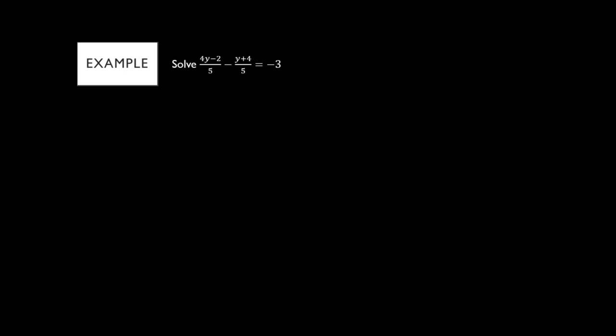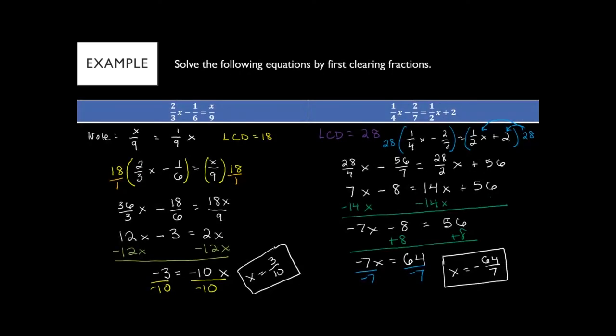So this is actually similar to the one where I had that x over 9. I said, okay, note x over 9 is equal to 1 over 9 times x. We're going to do the same sort of thing where you pull the denominator out. It's going to be 1 over that denominator and then times the top.